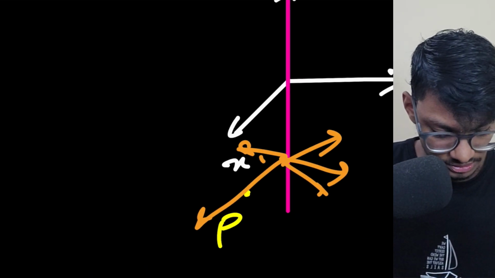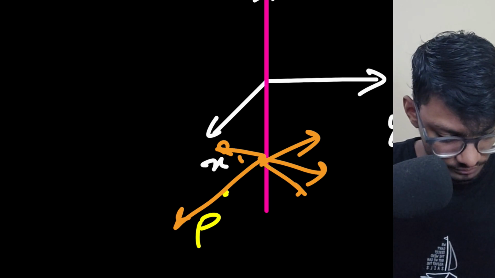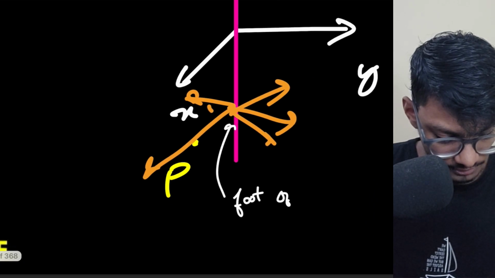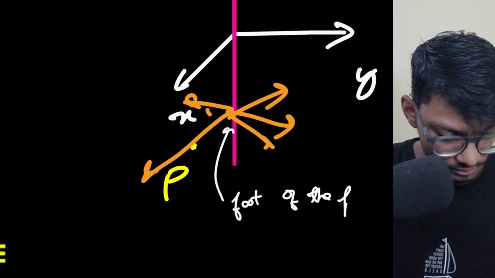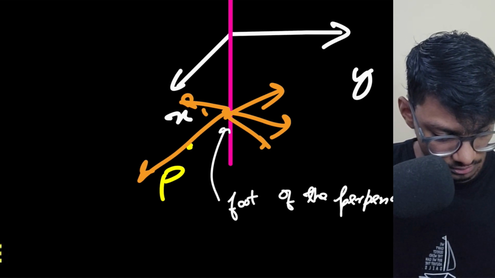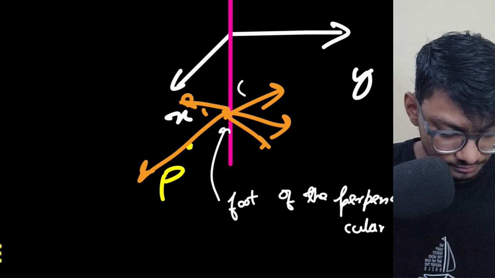So what is this point actually? This is the midpoint. This is, again, the foot of the perpendicular. Okay, so what is this point?